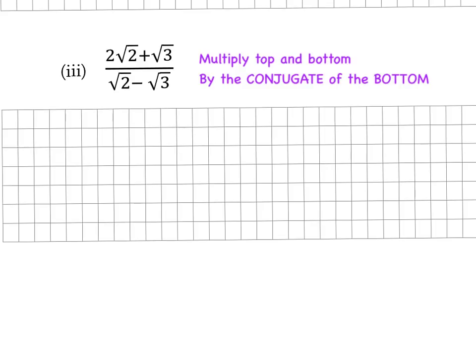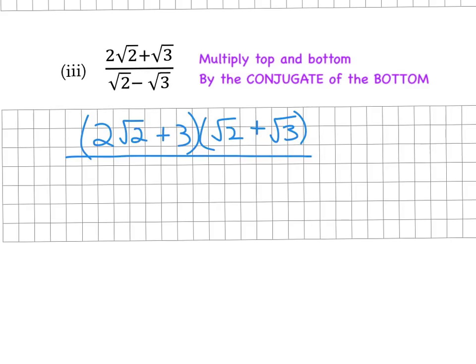Okay, and so doing that, I'm going to have along the top 2 root 2 plus root 3, bracket, root 2, and the conjugate of the bottom, I change the sign here in the middle so that minus becomes a plus, root 3, over root 2 minus root 3 multiplied by root 2 plus root 3. And again, we can see I'm multiplying top and bottom by the same thing, so I haven't changed the value, it's the same as multiplying by 1.